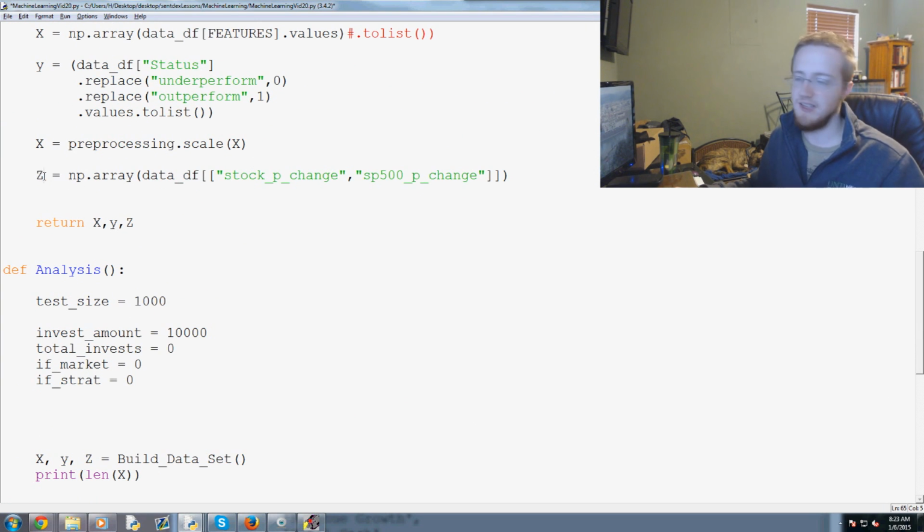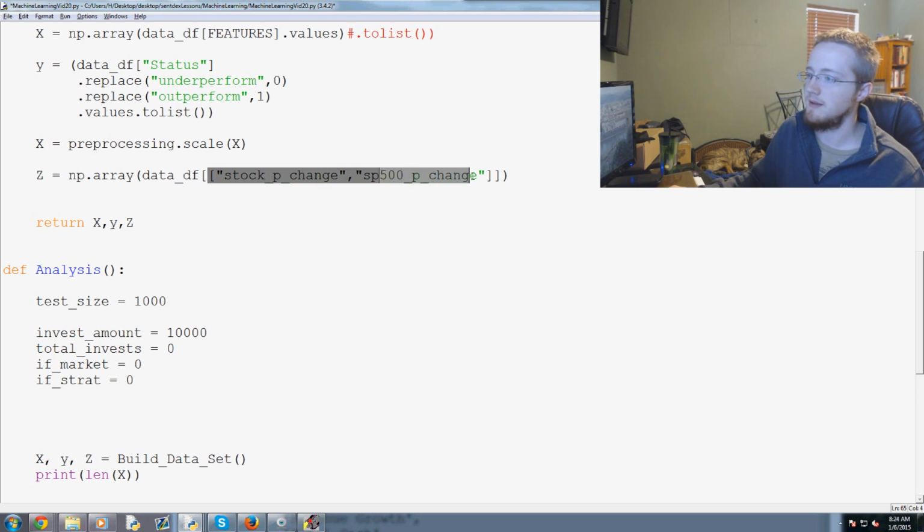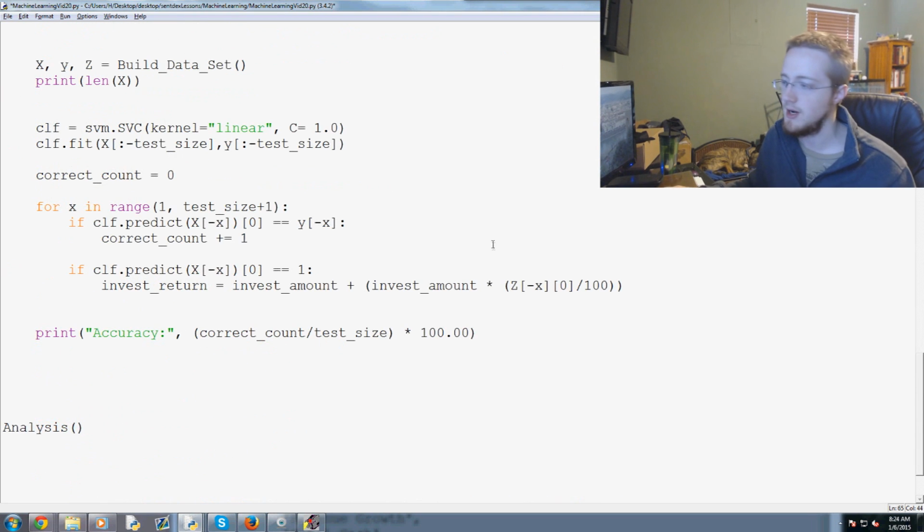So this is obviously a list of lists, right? There's actually an array of arrays, but anyways, or just an array. Moving on. So z has the stock price and then the S&P 500. So when we do minus x, that's the specific one, and then that gives us basically one example of this and this. So the 0th element will be the percentage change of the stock, and the 1st element will be the S&P 500's, the market's change.